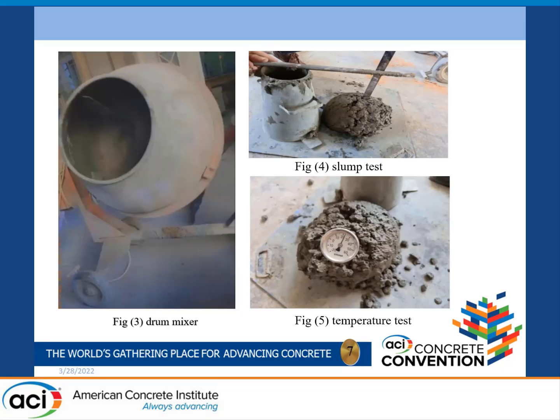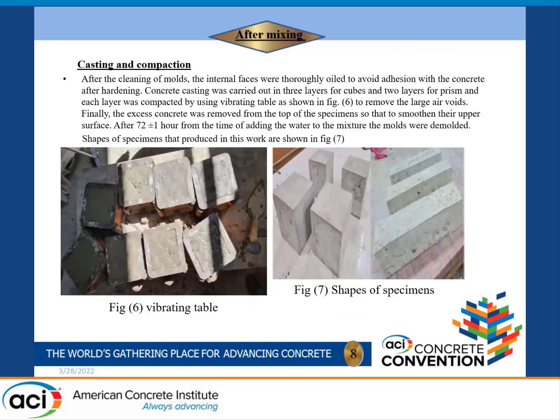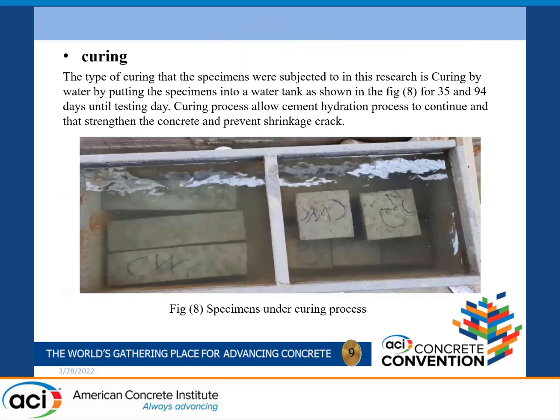After the mold dries, we put it in the curing as shown. We use water curing, which helps to continue the hydration process, which helps to strengthen the concrete and prevent shrinkage cracks.